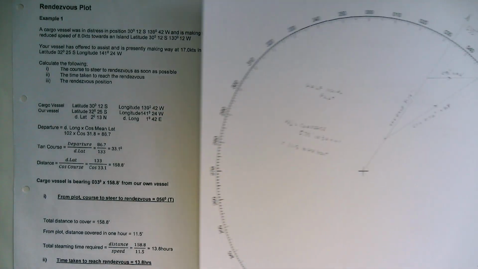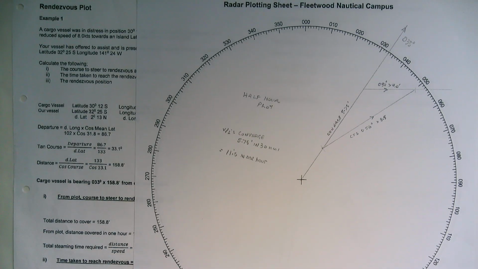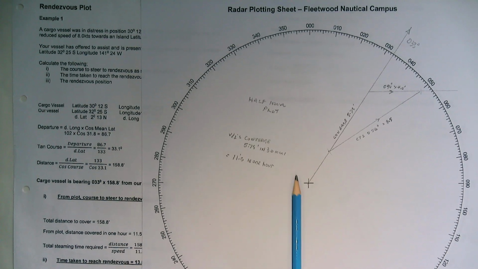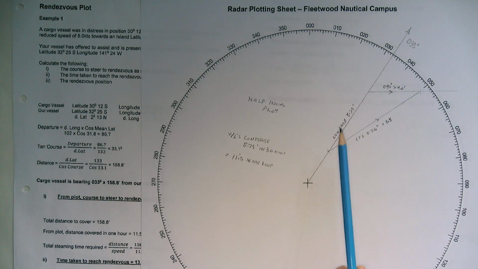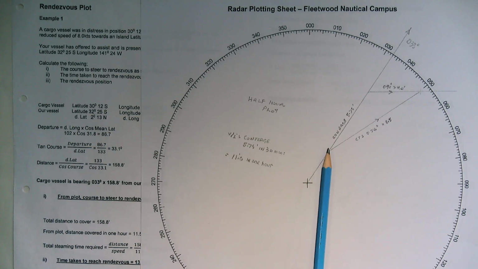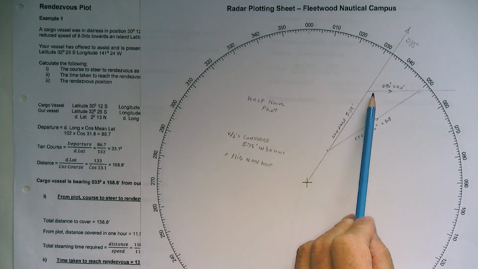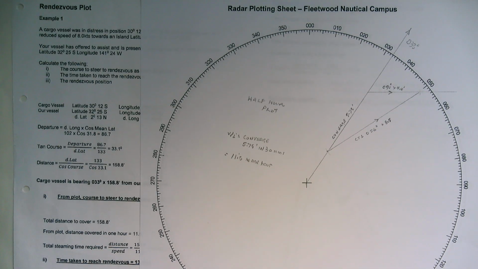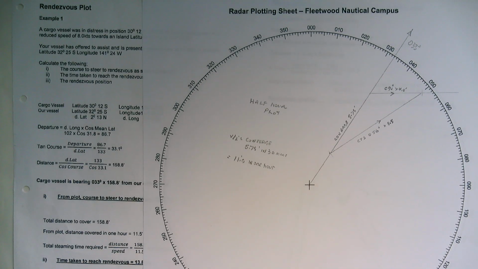So the first thing we need is the course we've got to do to rendezvous. So as I say, it's a half hour plot. So we draw the 033 degrees, and then we'll put the other vessel doing 090 degrees, but we're only going to put 4 miles there, although its speed is 8 knots.